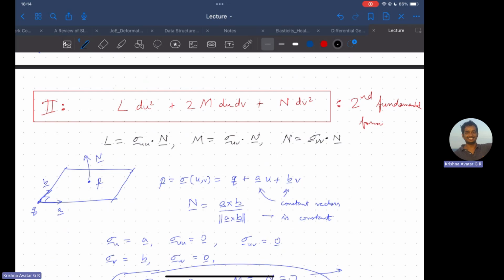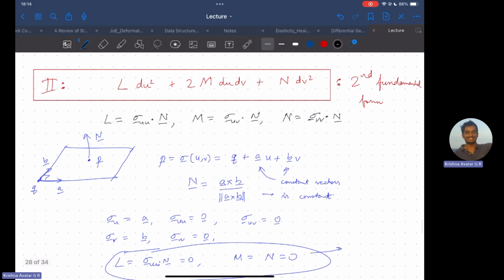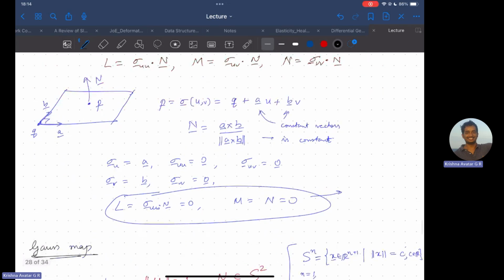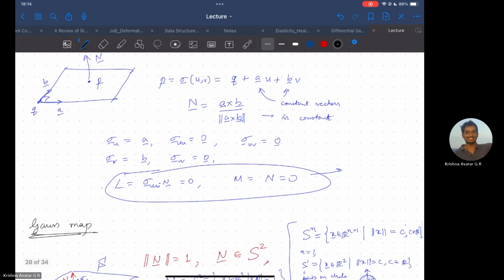It does not mean that it gives us a true measure of the curvature. However, it does give some sort of an idea of the curvatures, right? And we could see that for a flat surface, the coefficients L, M, and N turn out to be equally zero, indicating that there is no curvature for a planar surface.